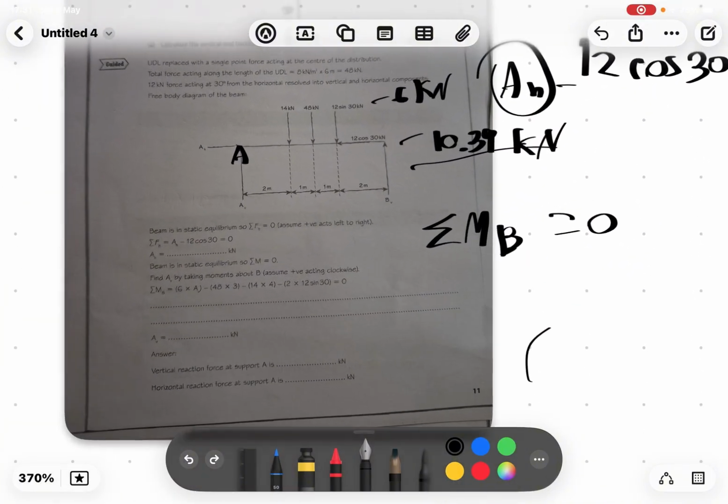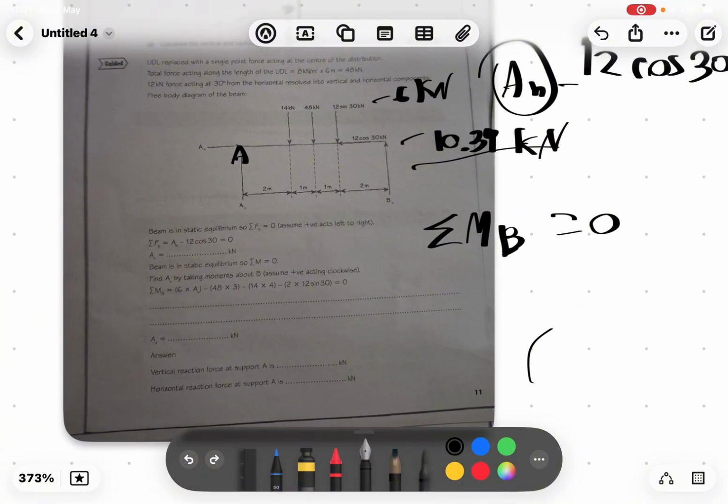And how you find the moments, you just times them. It's kind of simple. The way we got this is the same as this, and then this 2 times sine. We're not looking for the horizontal, we're looking only at the ones applying vertically. All these equal 0.